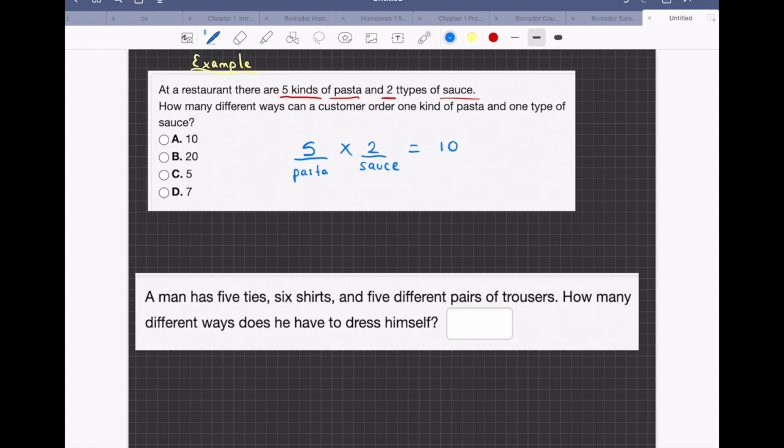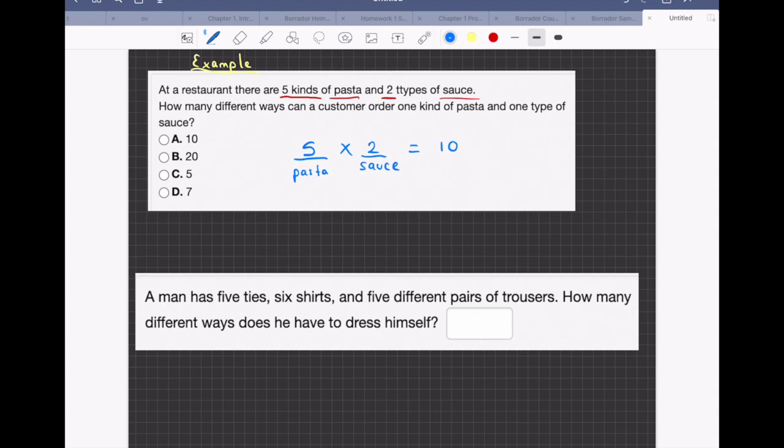Here we are not choosing either pasta or sauce. No, we are choosing the two at the same time. That's why we have to multiply. If the question were in how many ways you can choose one or the other one, then in that case, you would have to add, not multiply. But this is not the case.